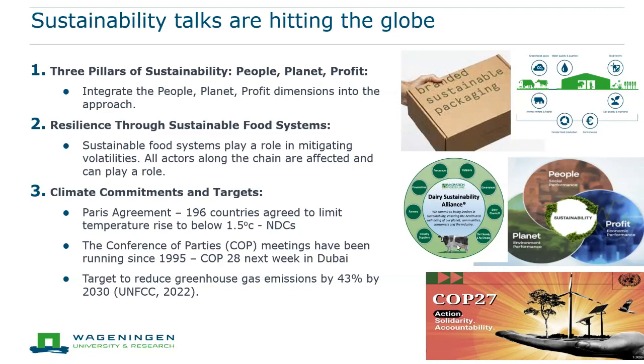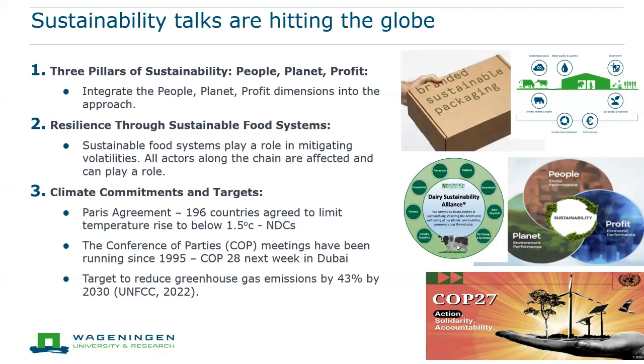We are talking about global sustainability, looking at the whole food system with several actors along the food supply chain who are affected by sustainability, or who have a role to play. And each of them is trying to check, am I on track when it comes to sustainability, or is there anything which is required?